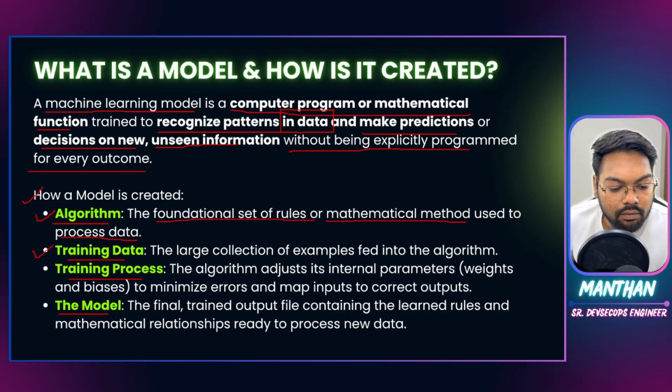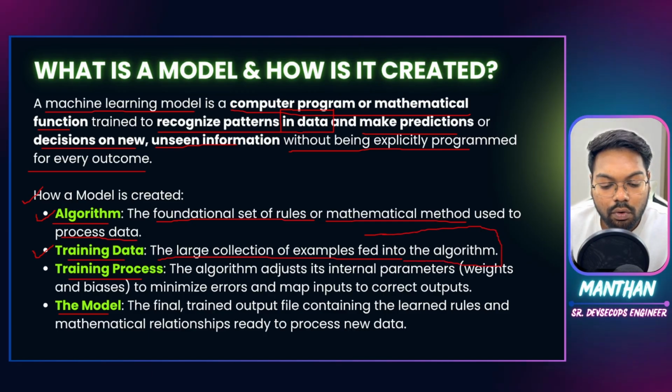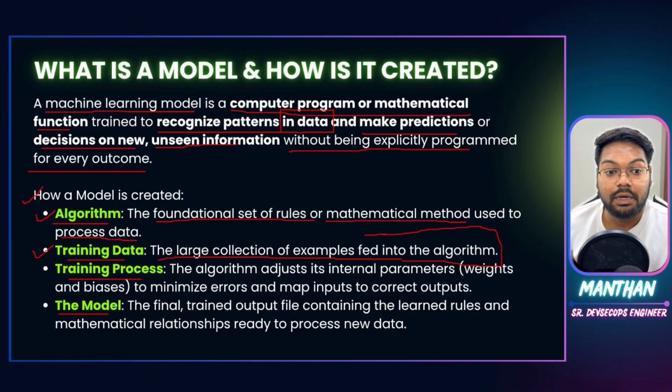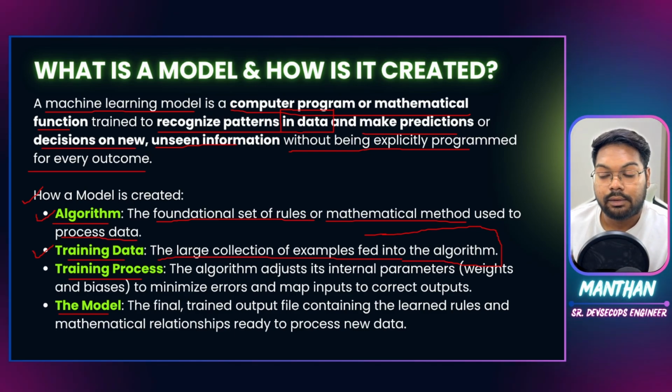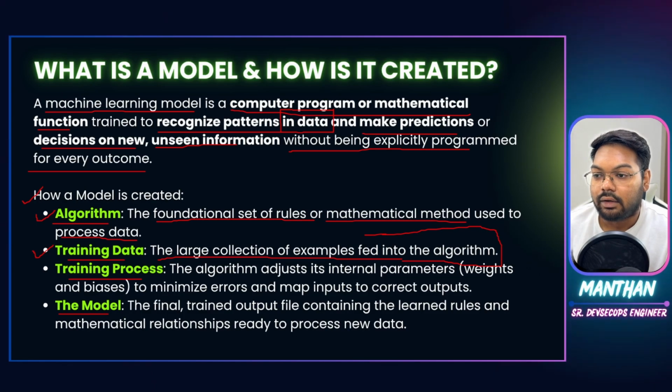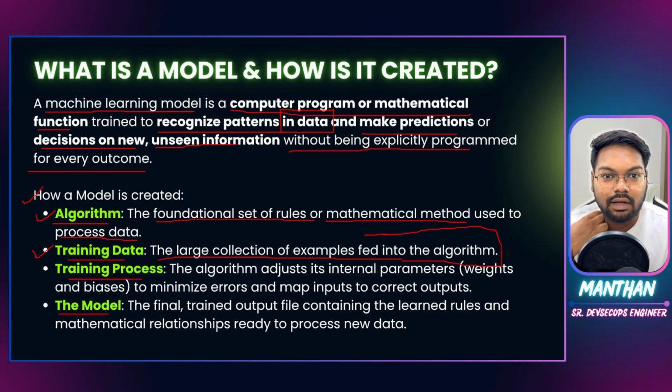Then the training data, which should be a large collection of examples to be fed into the algorithm. Let's say you want some model to be trained on Harry Potter questions. Let's say if I want to ask it, what is that, sorcerer's apprentice, something like that? I don't know, that is a different thing.